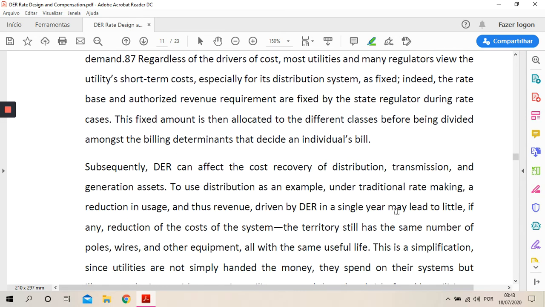Regardless of the drivers of cost, most utilities and regulators view the utility's short-term costs, especially for its distribution system, as fixed. Indeed, the rate base and authorized revenue requirements are fixed by the state regulator during rate cases. This fixed amount is then allocated to the different classes before being divided amongst the billing determinants that decide an individual's bills.